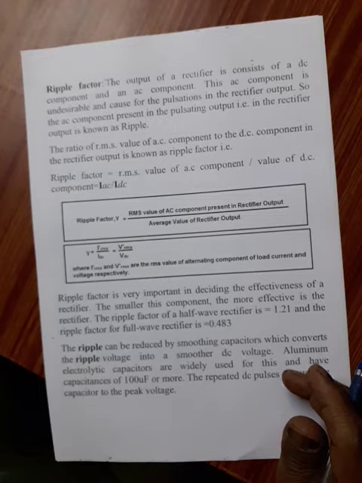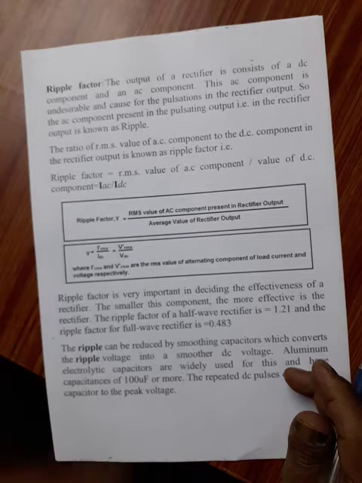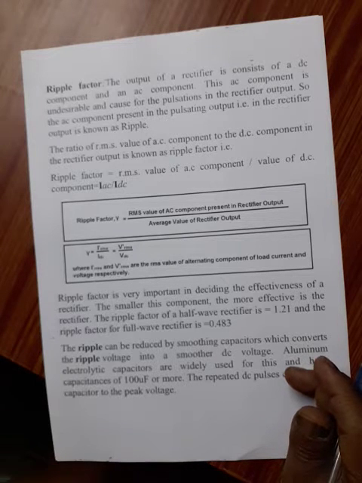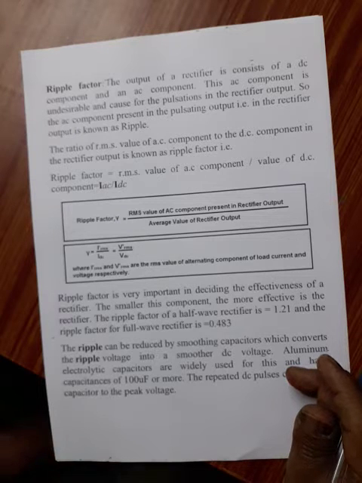The AC component present in the pulsating output is known as ripple. The ratio of RMS value of the AC component to the DC component in the rectifier output is known as ripple factor. That is, ripple factor is RMS value of the AC component present in the rectifier output divided by the average value of the rectifier output.